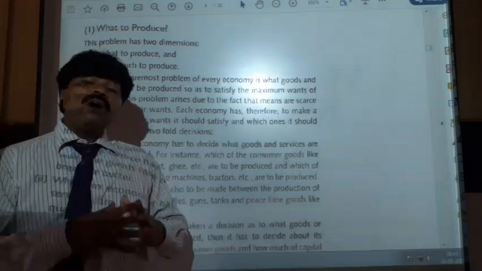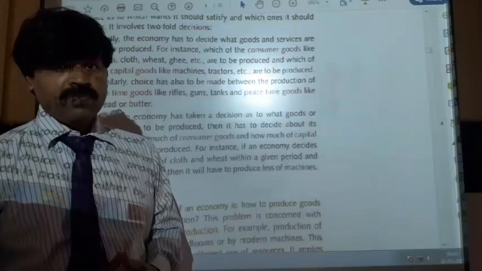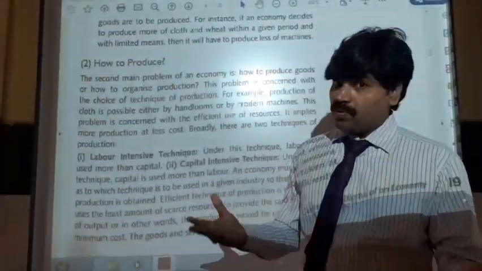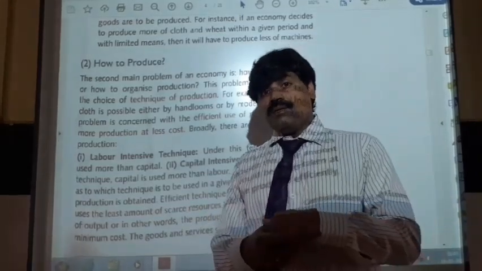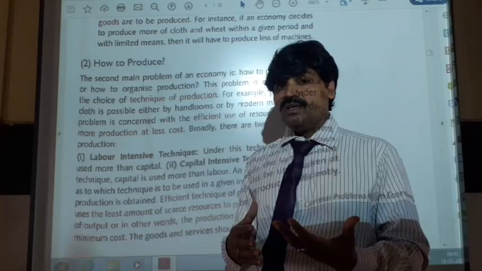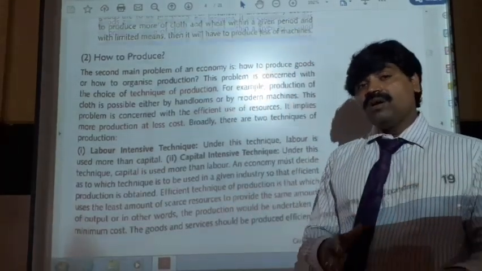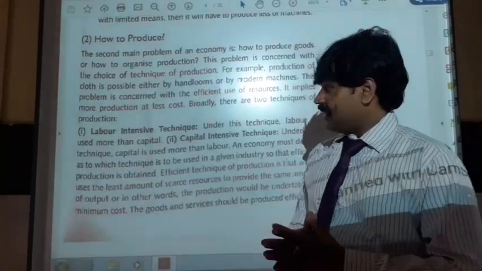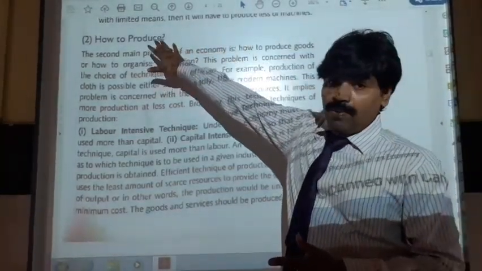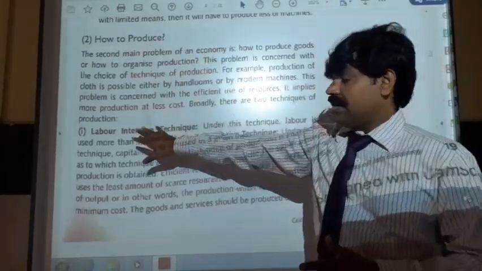The problem of how to produce is related to the technique of production. That is, how these goods and services should be produced. Whether a country or an economy should adopt a labor intensive technique or a capital intensive technique.